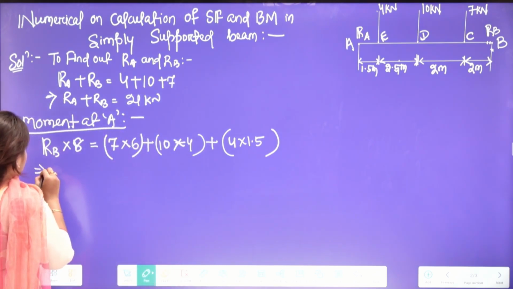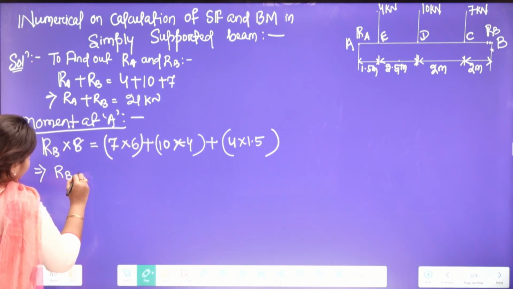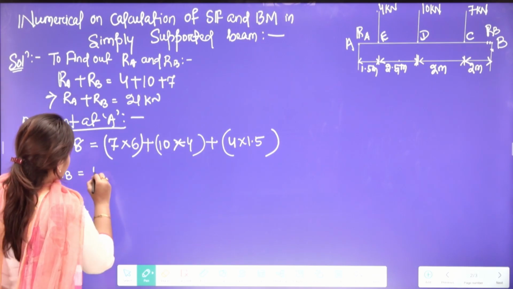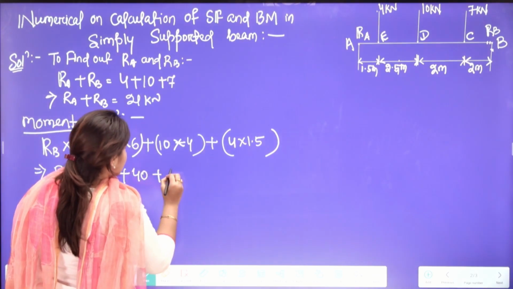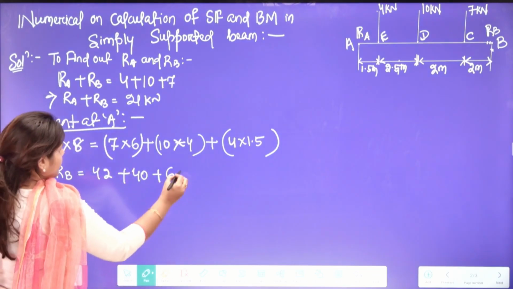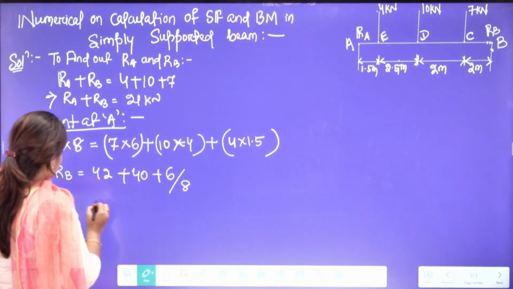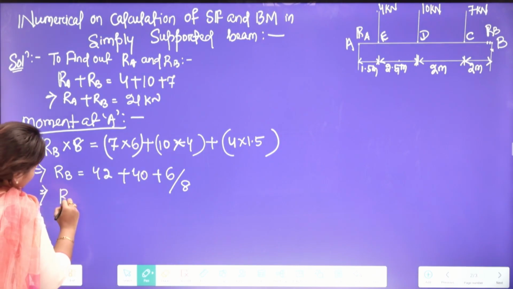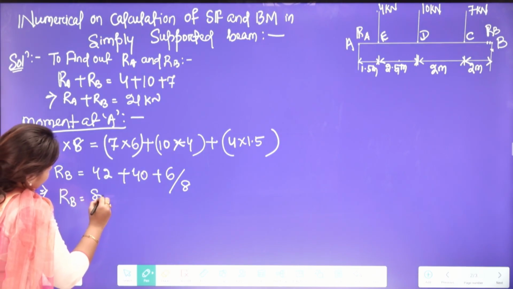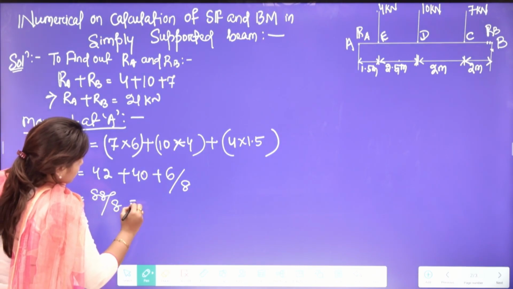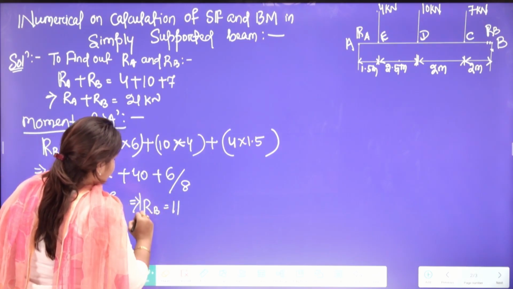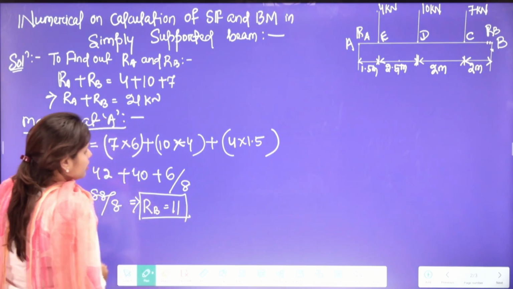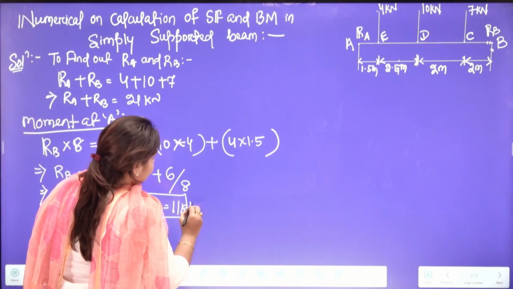So RB will be 42 plus 40 plus 6, divided by 8. That is 88 divided by 8, and RB is equal to 11 kilonewton.